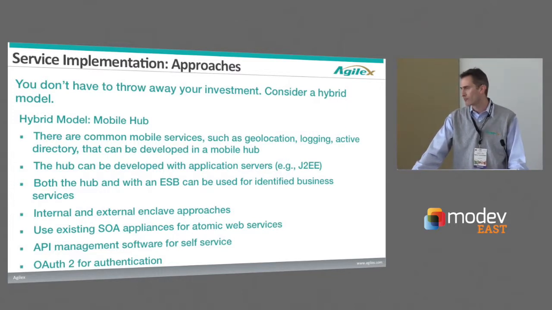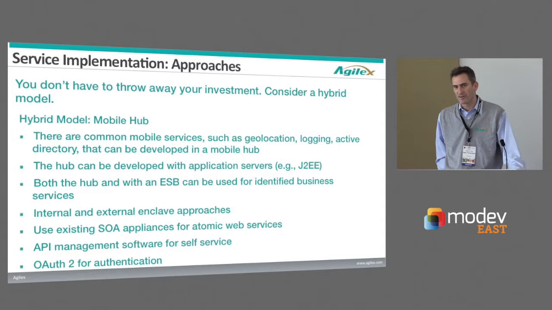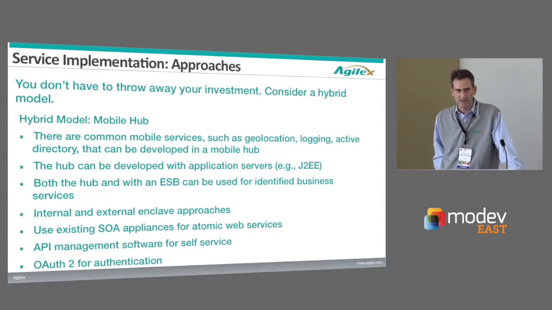API management software, which we've talked about, I think is really great. You as a developer can go in and select and mash up APIs. One of the examples of that I like is Twitter. Twitter uses that, and this is not a plug for Apigee, but I find it a pretty effective commercial, if you will.